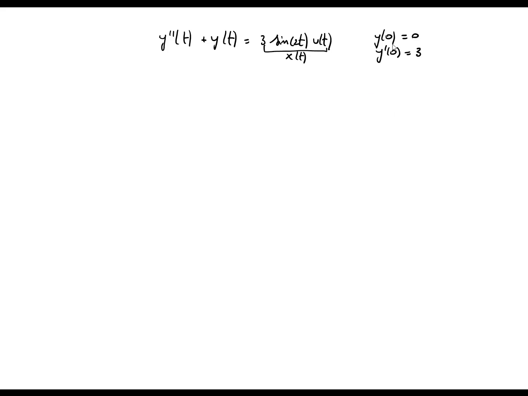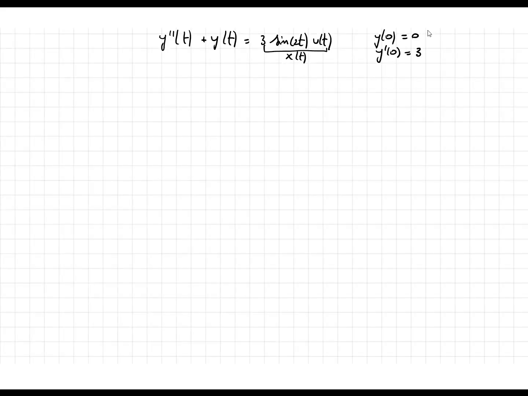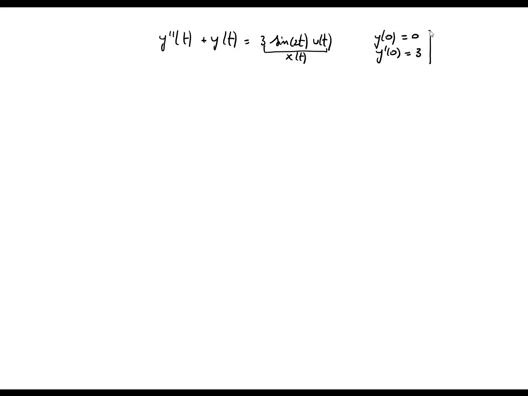So here we have the initial conditions, and we have two initial conditions as the system is a second order system. Okay, so here the input will be this signal over here, so this will be x(t), right?